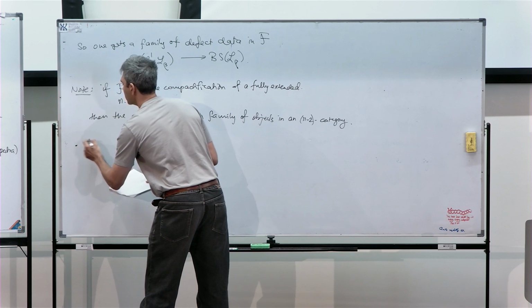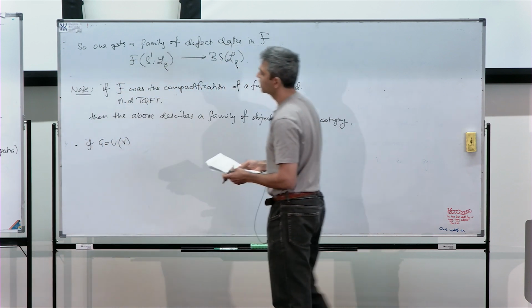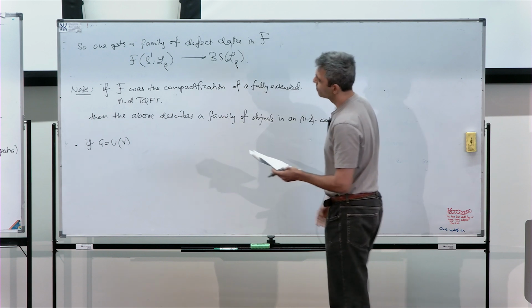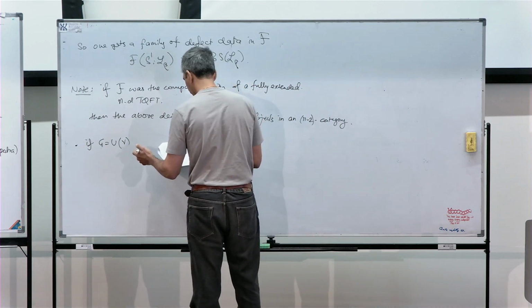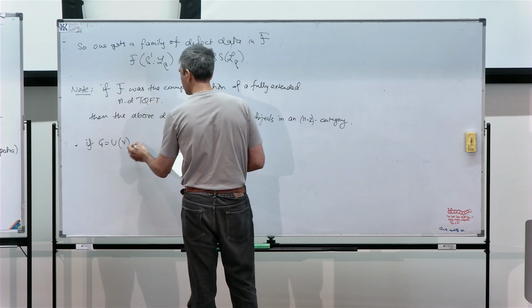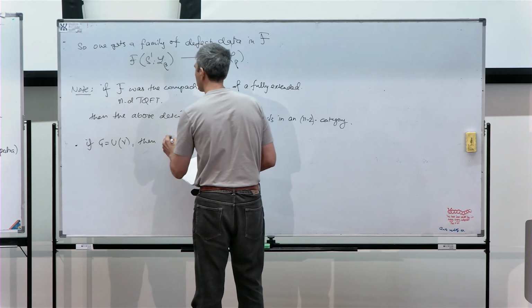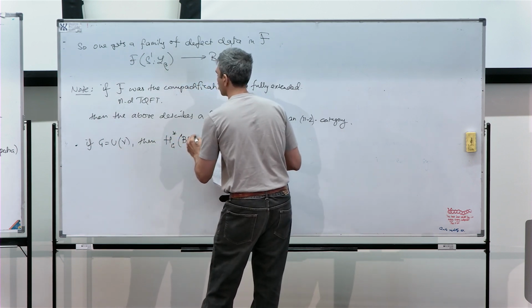So if G was U(R), so let's say G was U(R). So this is now a specialization. Then I can calculate the equivariant cohomology of the space of broken symmetries of the link.